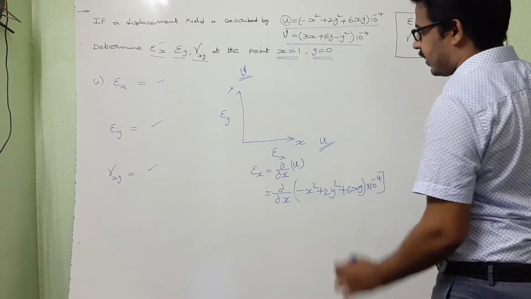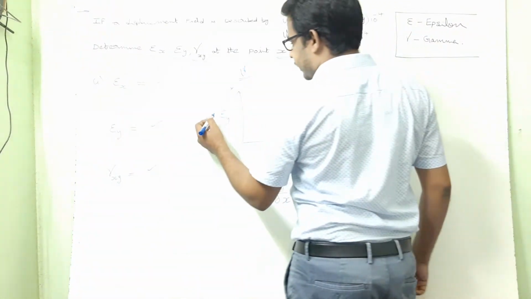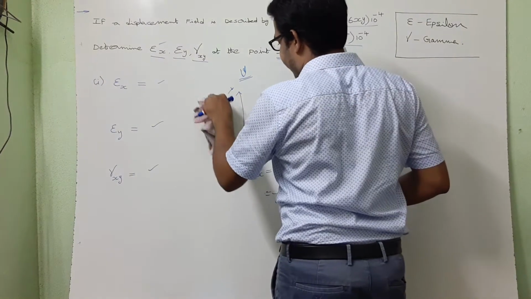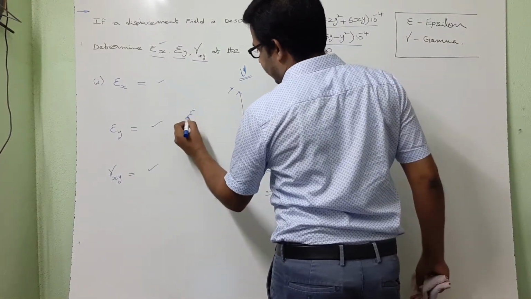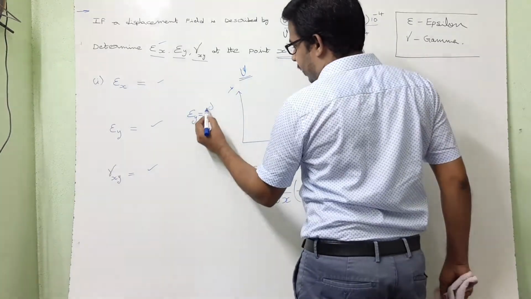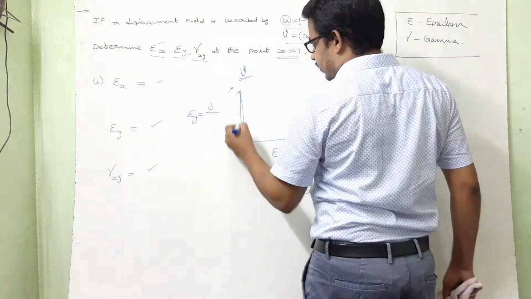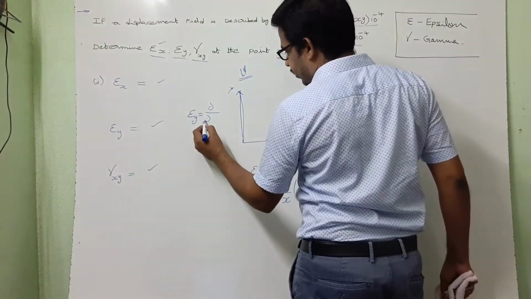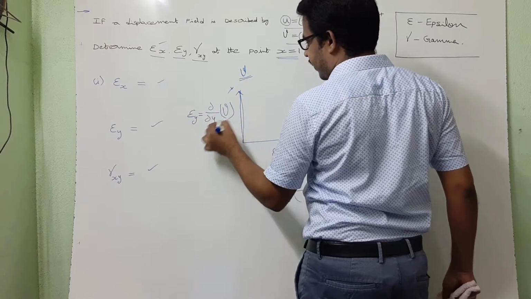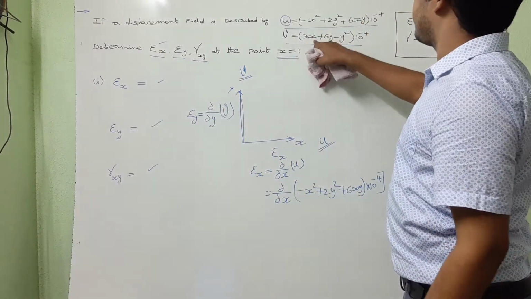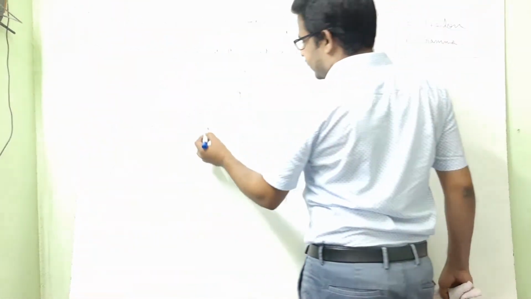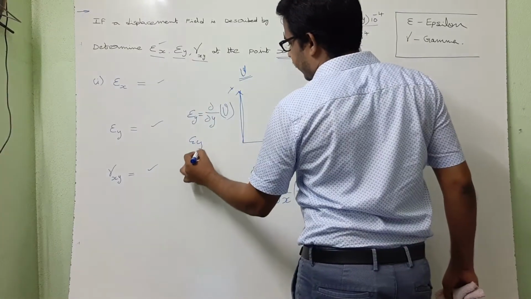So here epsilon y is equal to dou by dou y direction into displacement vector v. So what is the v value? 3x plus 6y minus y square into 10 power minus 4. This is the epsilon y value.